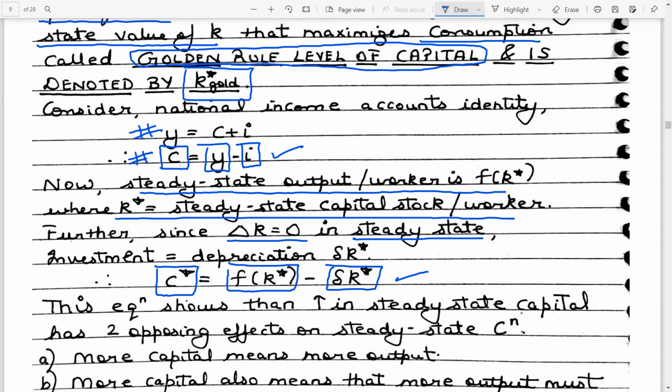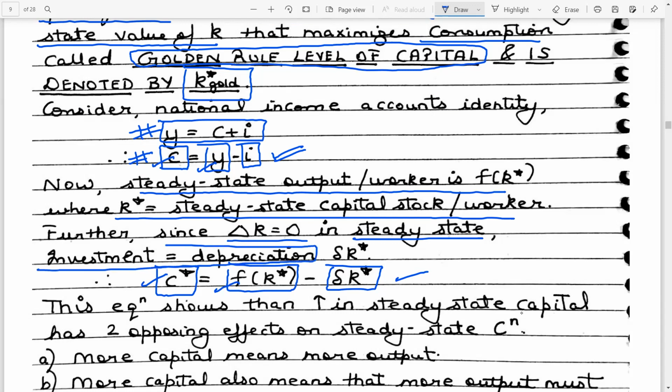Guys, I'm revising it again. All of us know Y is equal to C plus I. So C I can write as Y minus I. Now in the steady state, we want to see what is our consumption in the steady state. So in the steady state, consumption C is equal to C star. Output is equal to f of k star. Investment equals depreciation.